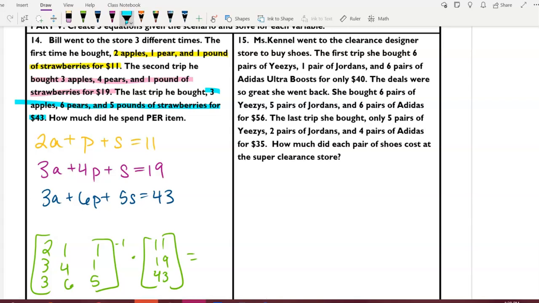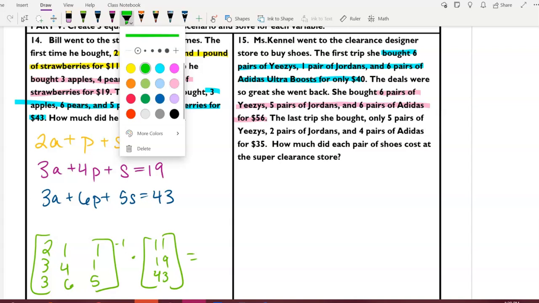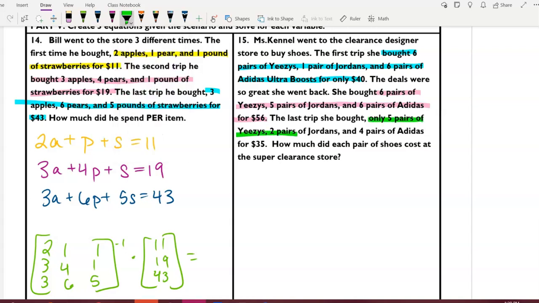And for the last one, Miss Kennel bought 6 pairs of Yeezys, 1 pair of Jordans, and 4 pairs of Adidas for $40. She also bought 6 pairs of Yeezys, 5 pairs of Jordans, and 6 pairs of Adidas for $56. And then she went back and bought 5 pairs, 2 pairs, 4 pairs for $35. All right, starting with the first one, let's write equations. 6 Yeezys, 6y, 1 Jordan, let's say J is Jordan, and 4 Adidas, so 4A, and she spent $40.